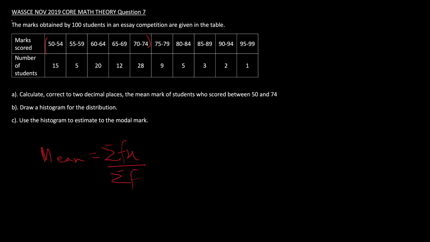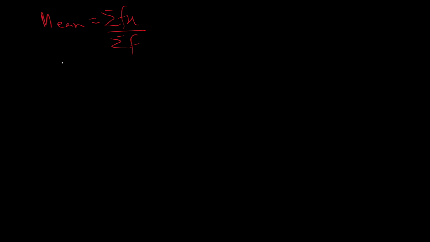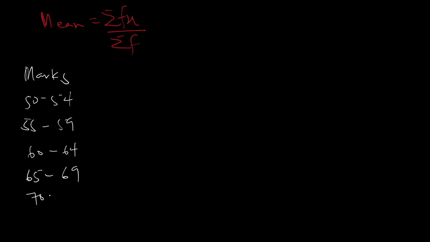So let's draw our table again. So we have our marks, which is 50 to 54, then we have 70 to 74, since we are finding the mean for marks between 50 to 74. Then we have our frequency, which is the number of students who scored a particular mark.